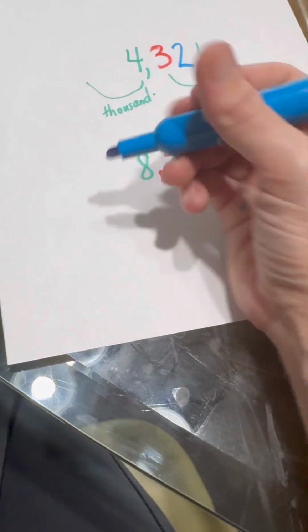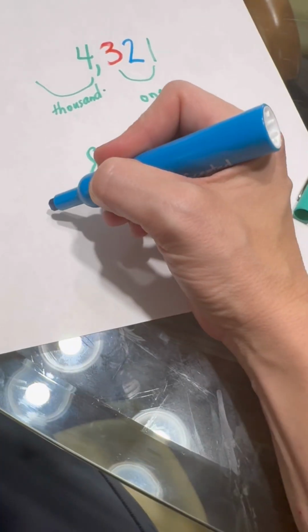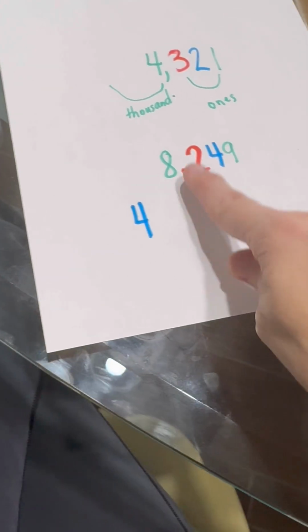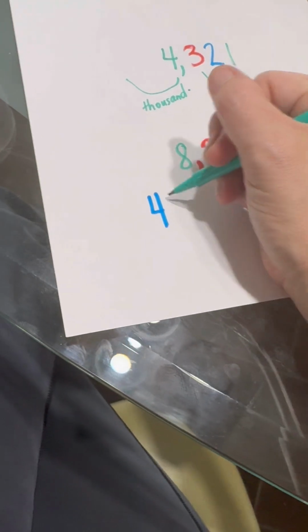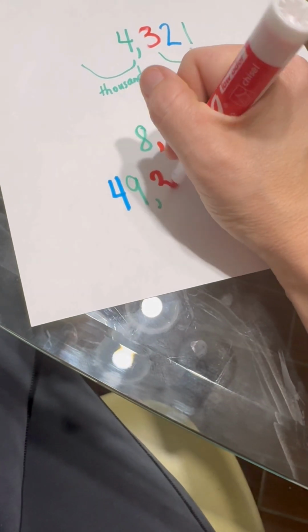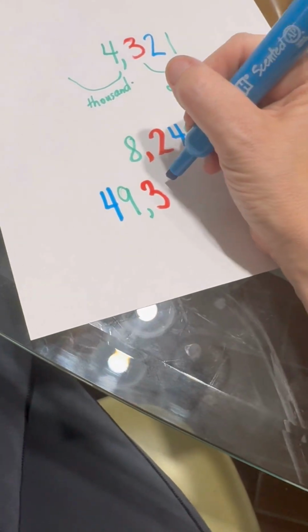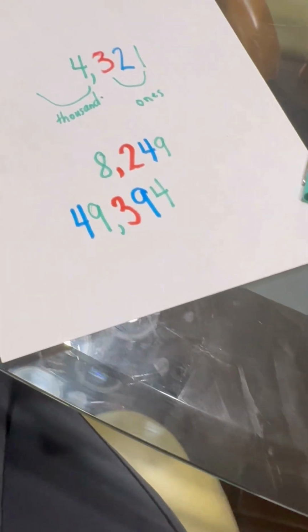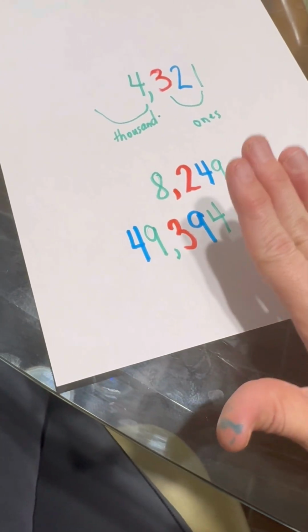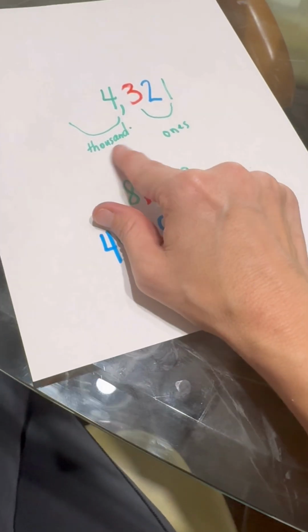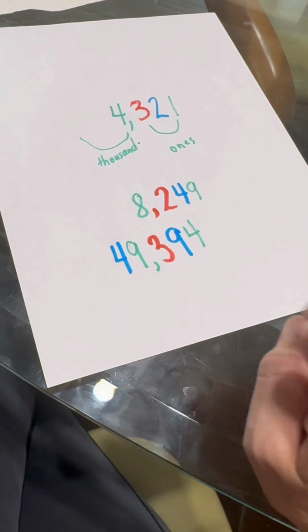Let's try this one. Okay, anything dealing with blue is dealing with tens. All right, and then the next one will be green. Then we have a comma, then the hundreds place, then the tens, and then the ones. So remember, cover everything after the comma. When you see a comma, you're gonna say the period name, like their last name.